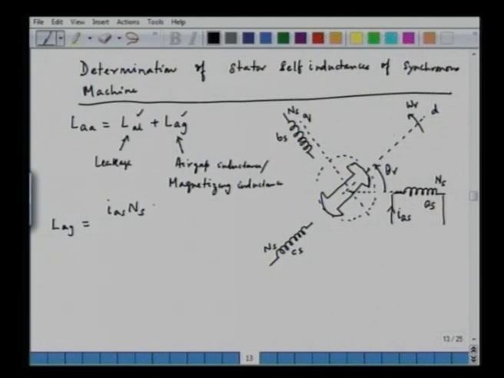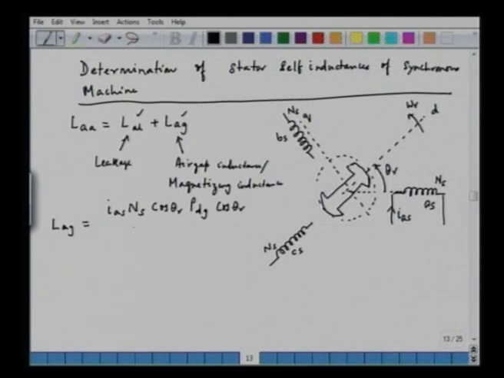So, we can multiply here a factor cos theta r. Now, this MMF is along the D axis, and we know the permeance along D axis, that is P dg, and we can again multiply that with cos theta r, and again multiply with Ns.